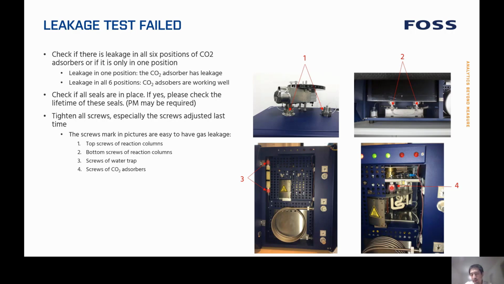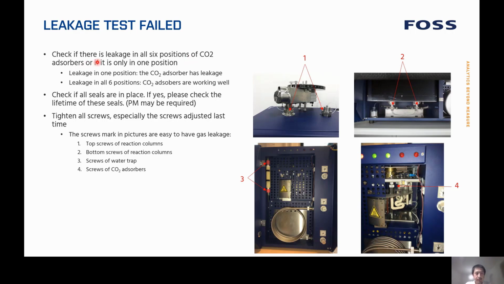Then also the two ends of the CO2 trap, because we have 6, and if you replace any of them, there's a risk of leaking from the 2 ends. It's also important to check the leakage for each CO2 trap. You rotate the carousel and measure the leak for each CO2 trap.